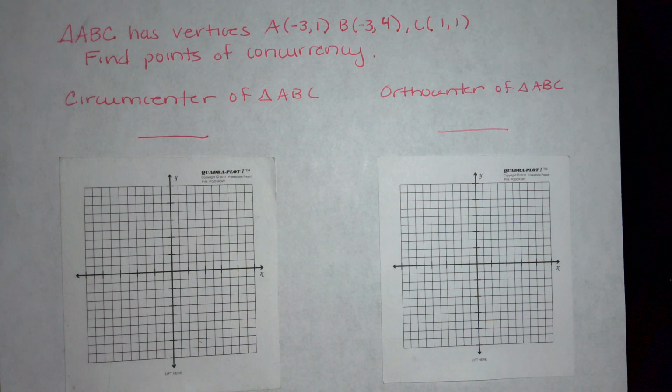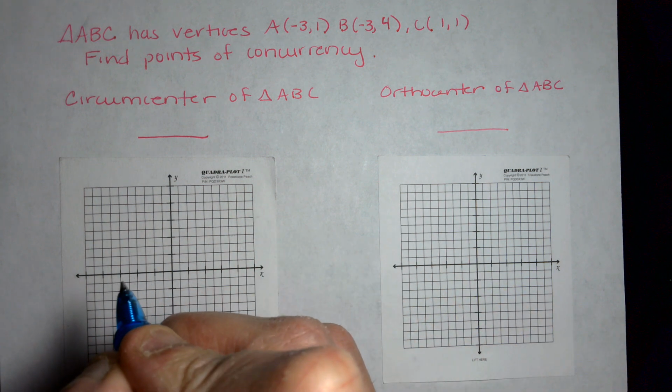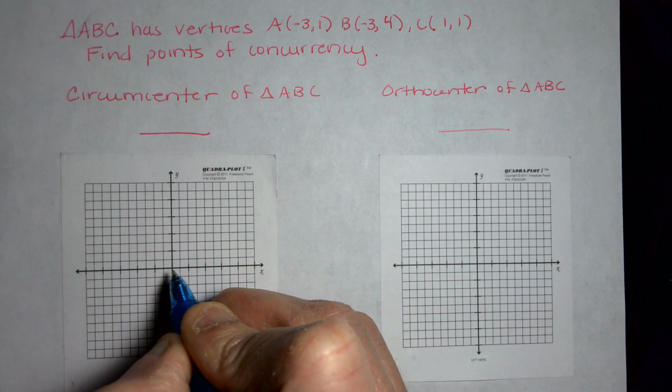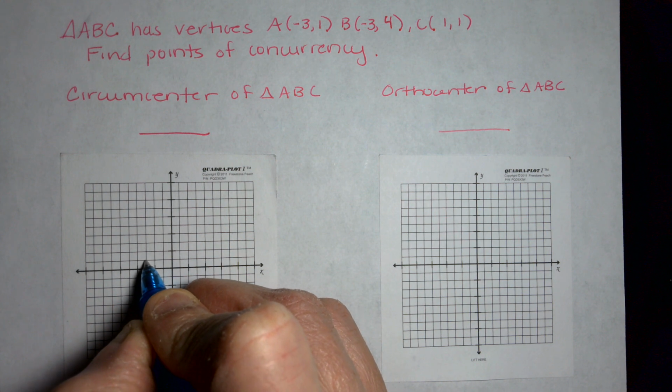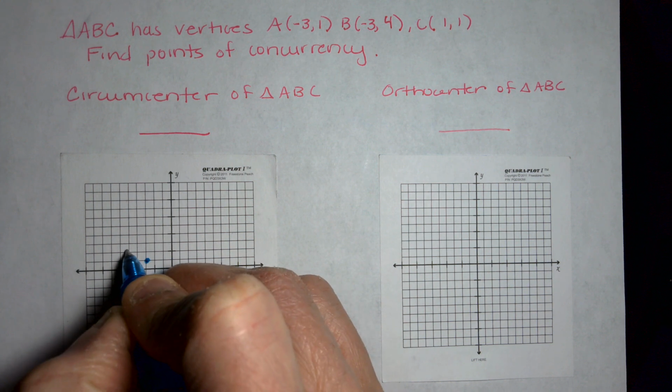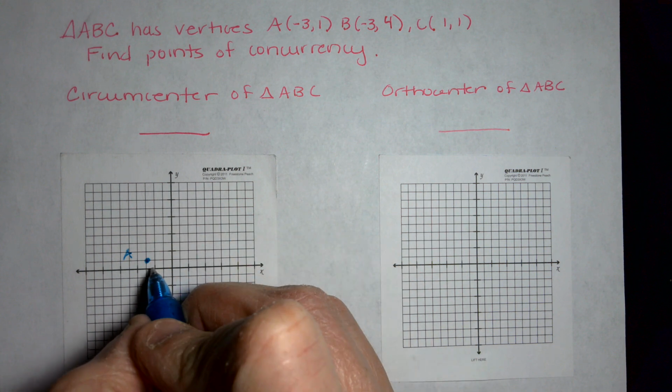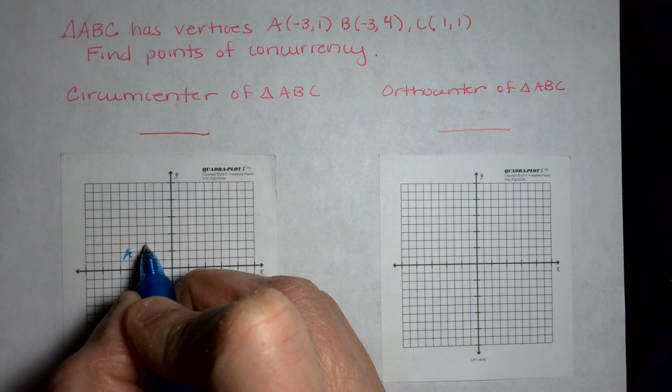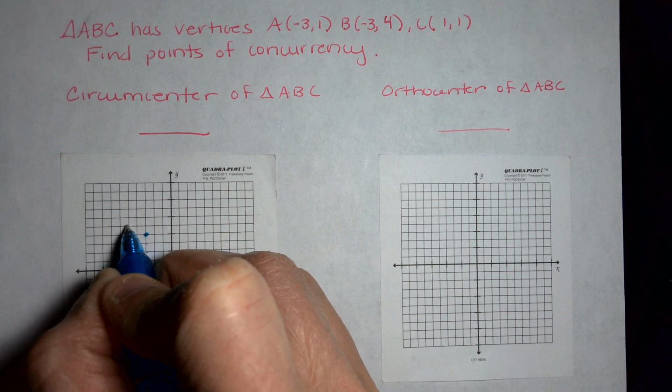All right, first I'm going to graph ABC on both of these so I can do them separately. Negative 3, 1. 1, 2. There's A. Negative 3, 4. B. 1, 1.